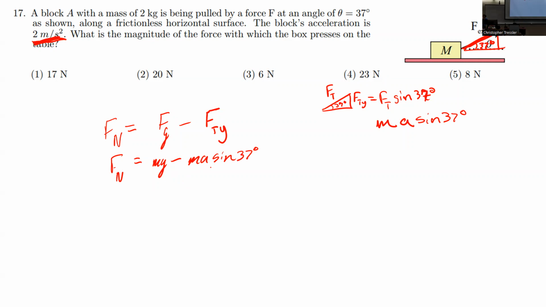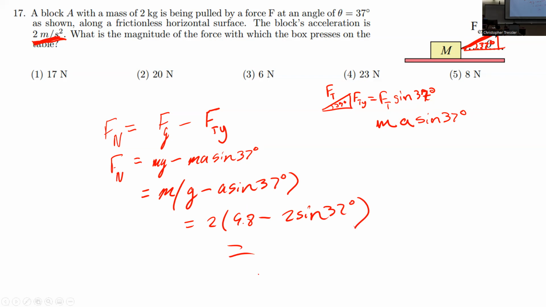So we have mg minus ma sine of 37 degrees. Notice we can take this m out and basically make it 1m. We're going to do gravity minus the acceleration times sine 37. Now I'll start plugging stuff in. So we're going to have 2 times 9.8 minus 2 sine 37.